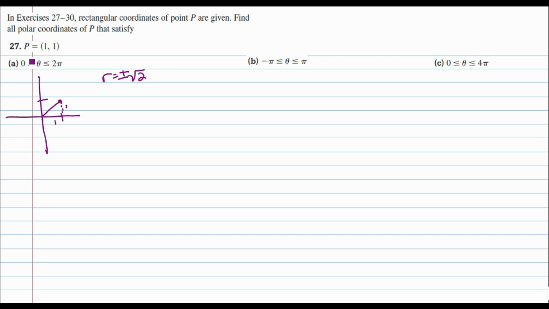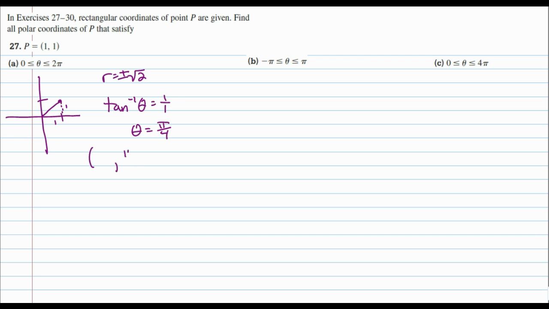However, this is different because it gives me boundaries for what theta can be. Theta can be between 0 and 2 pi. So first of all, I need to find out whose tangent is 1 over 1. So I'm going to use the inverse tangent of 1, so theta is pi/4.